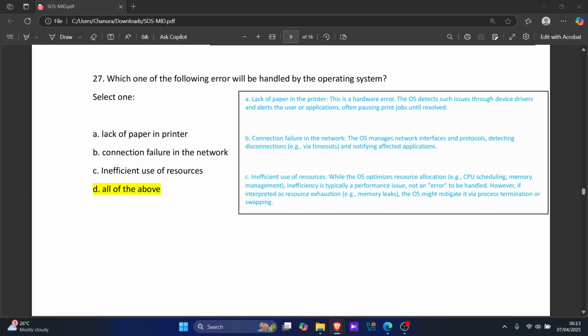However, if the question interprets inefficient use as critical resource mismanagement, the OS might address it. For standard exam contexts, A and B are errors the OS handles, but since D is the only option combining these, the intended answer is likely D. Answer: D. All of the above.